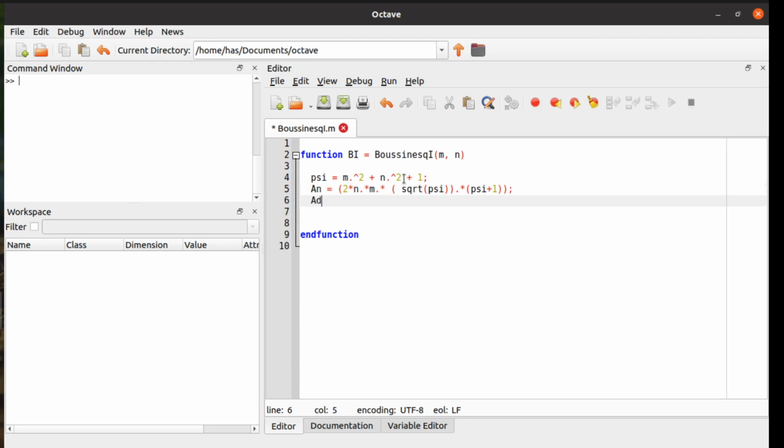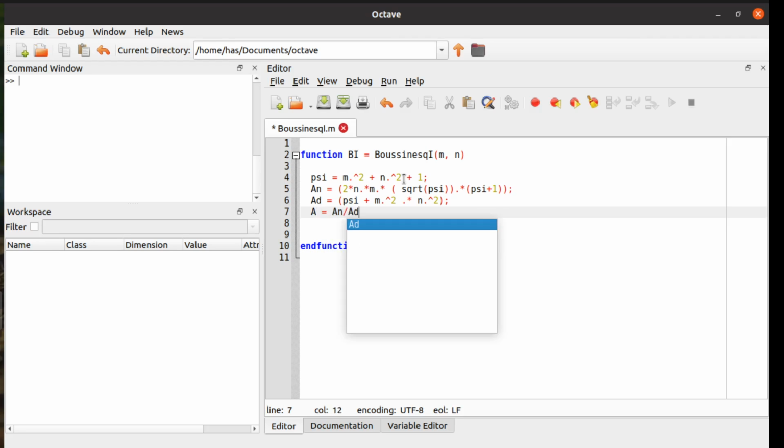Then denominator of a: psi plus m square times n square, semicolon. A becomes the numerator of a divided by the denominator.